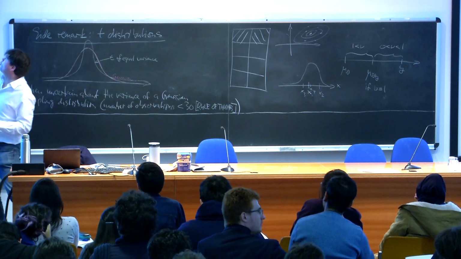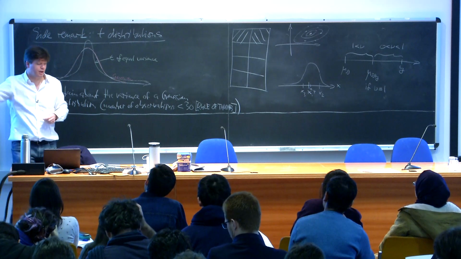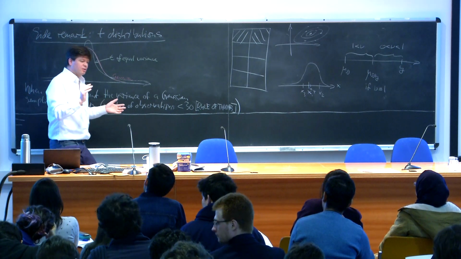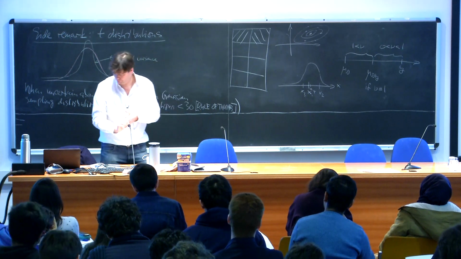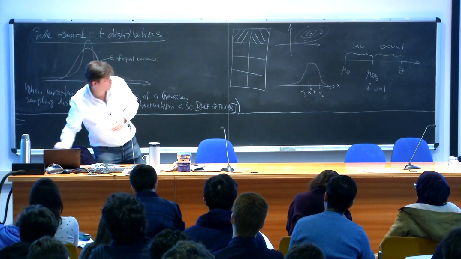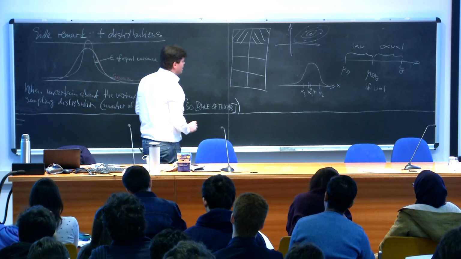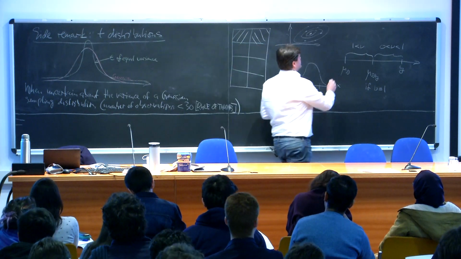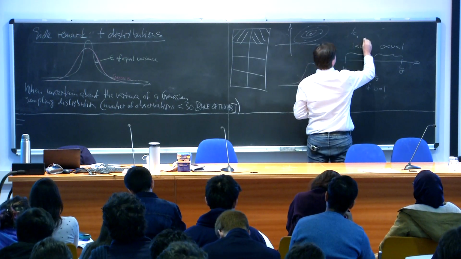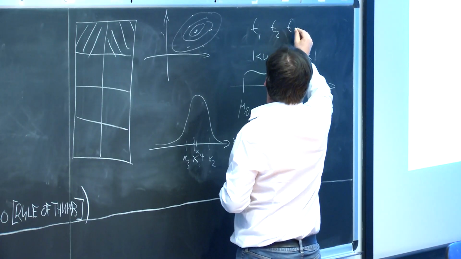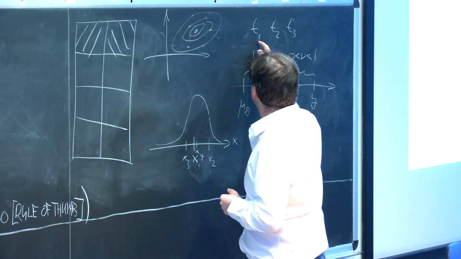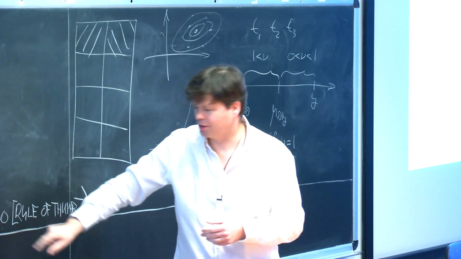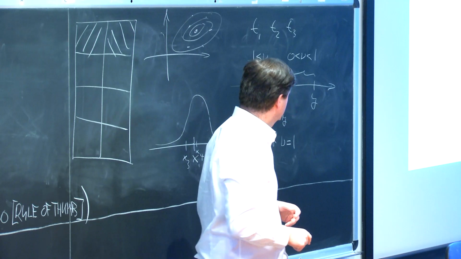I also mentioned the Cauchy distribution here, and the Cauchy distribution is simply the special case of t for degrees of freedom equals 1. What I haven't told you up to now is the t distribution also always has an index. So there's t1, t2, t3, and so on. And this basically corresponds to the number of observations it's based on.